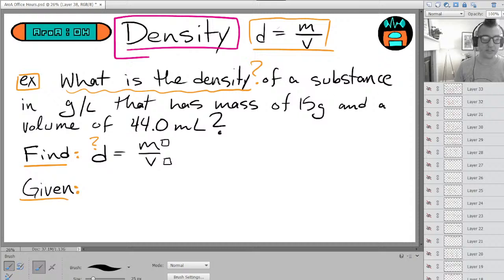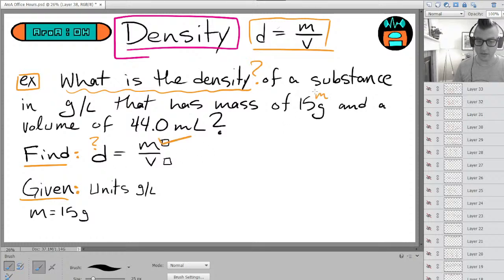So what is the density of a substance in grams per liter? So we're given that the units need to be grams per liter. Let's say we're told the substance has a mass of 15 grams. That is the numerator of our expression for density.